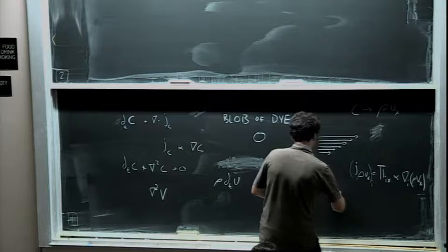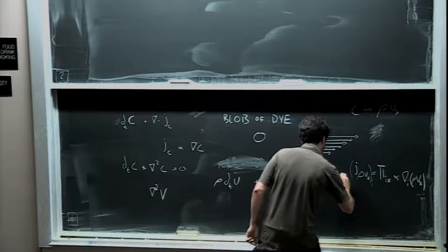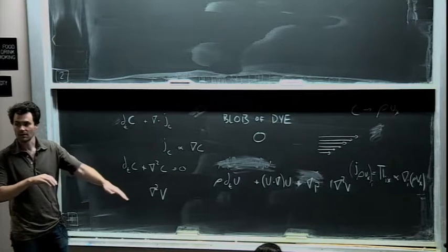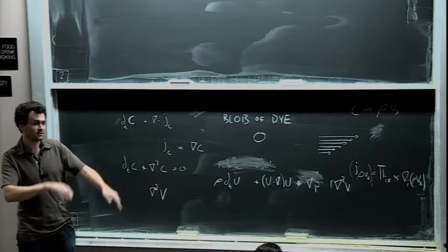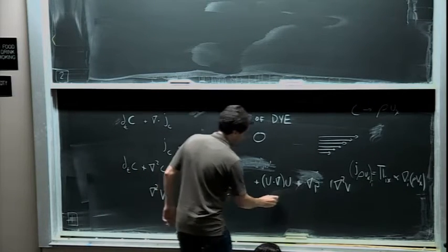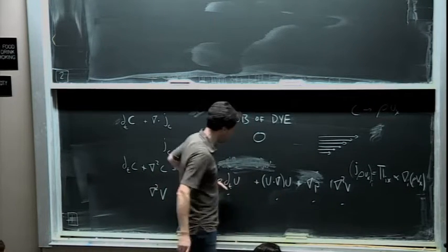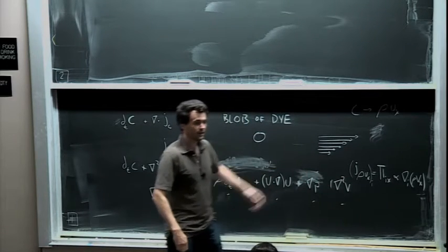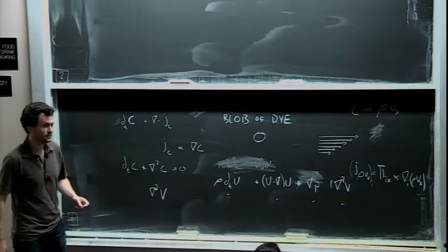And then finally, we can have a term which is diffusive, which corresponds to the diffusion of momentum perpendicular to the flow. So this is, in this way of thinking about flows as conservation of stuff, where these different terms come from.